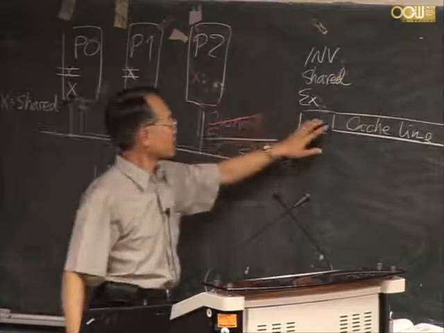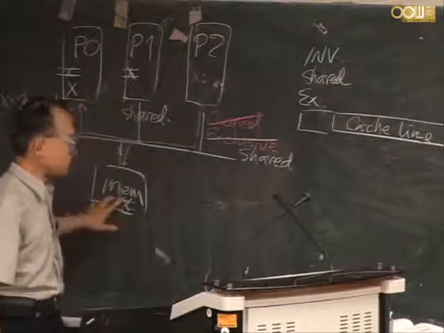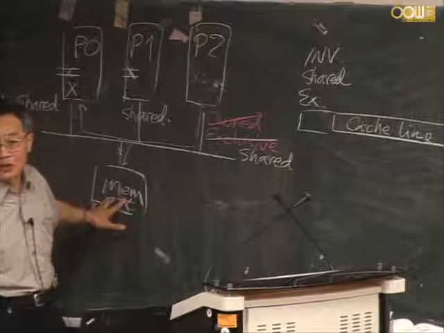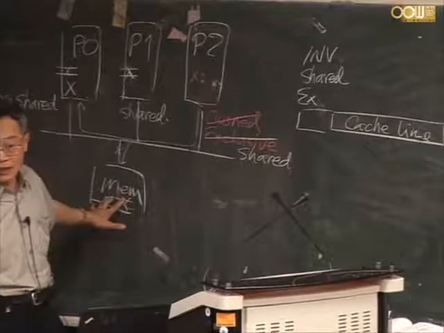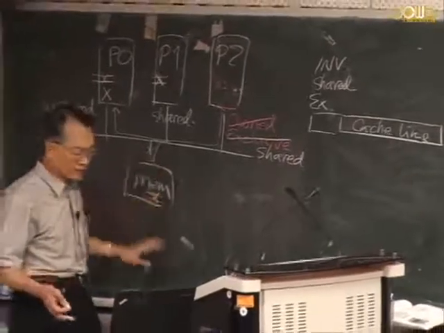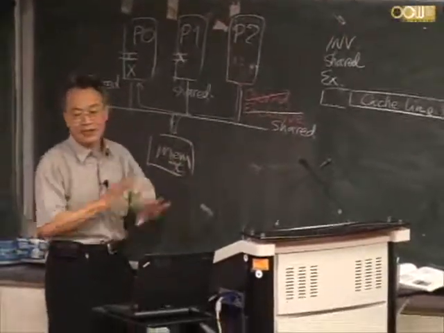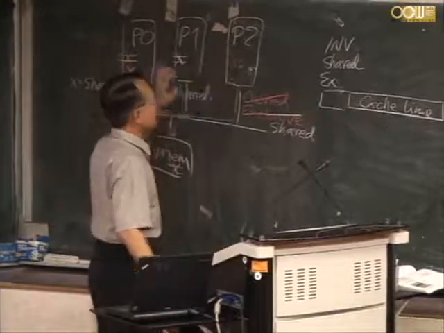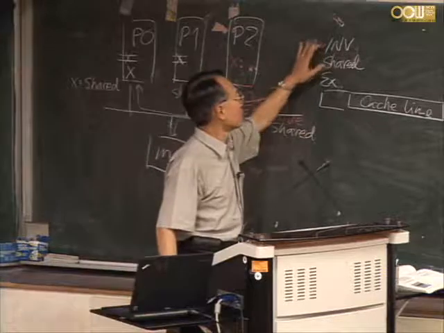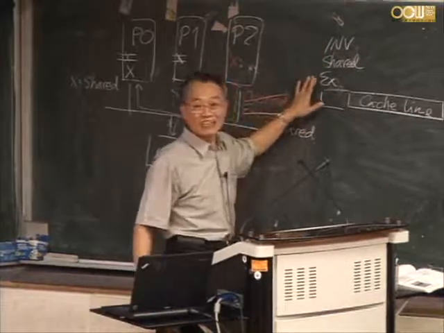So this cache line could be invalid in memory, but there's no place for memory to mark the status of a cache line. So memory is passive. It just does whatever it did previously. But in the caches, every cache line will have to be marked with its state.